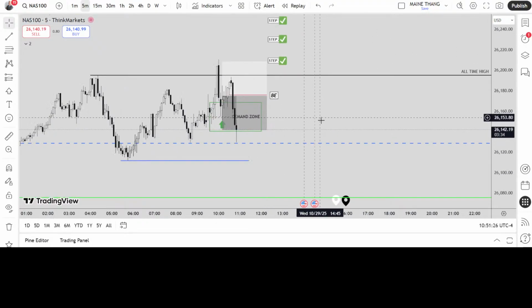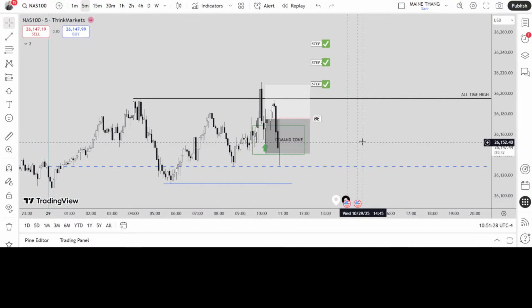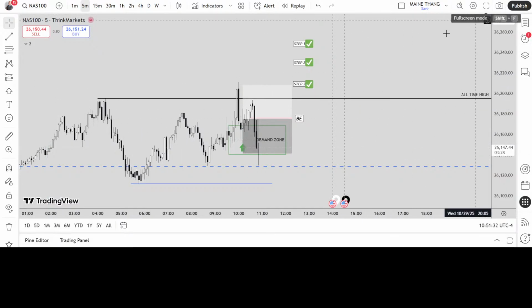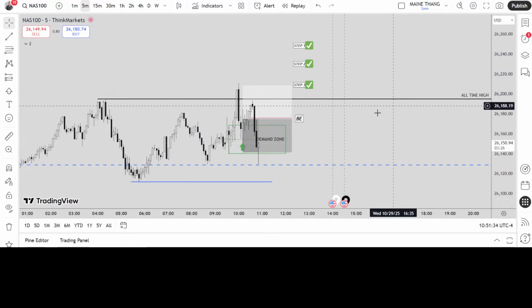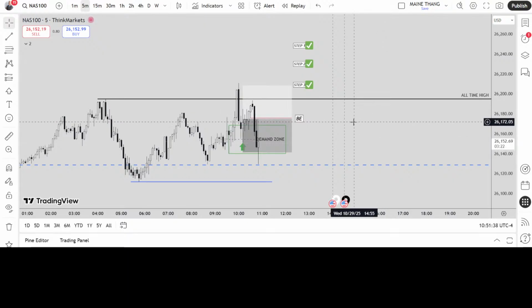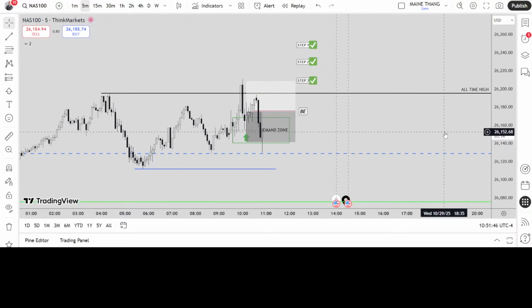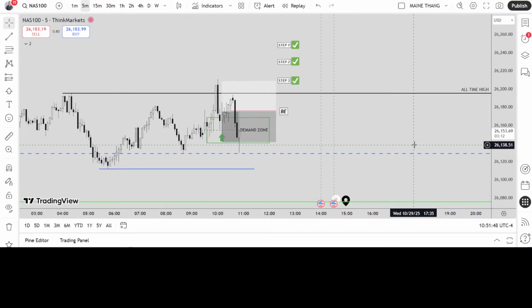I am going to screenshot this because you want to capture your wins, your losses, and the break even so you can learn from them. Screenshot this real quick. Actually, I'll do it after. It is approaching 11 time.